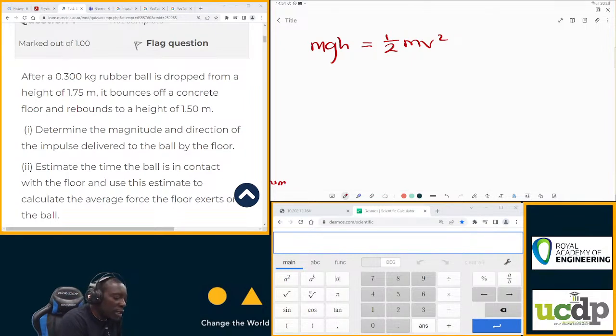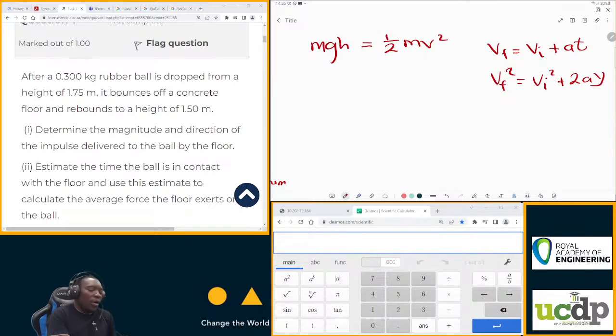You could check that with an equation like Vf equals Vi plus at, if you have time. But in this case, you don't have time, so you would use Vf squared equals Vi squared plus 2as, where s is your height.